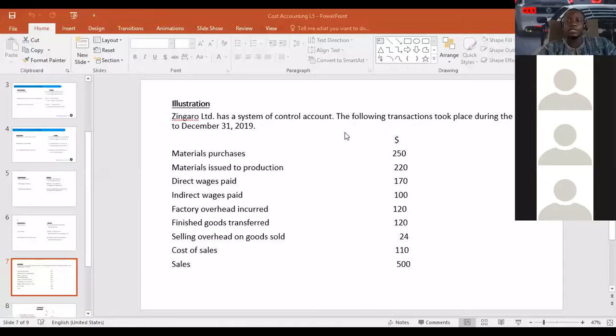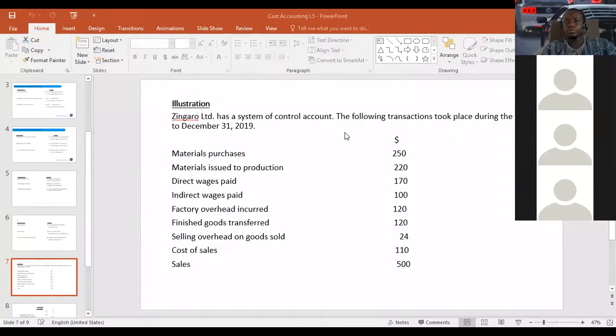So the first transaction, we have material purchases. All right. So, Amanyo, what will be the right entry or entries for this transaction? Material purchases. Yes.